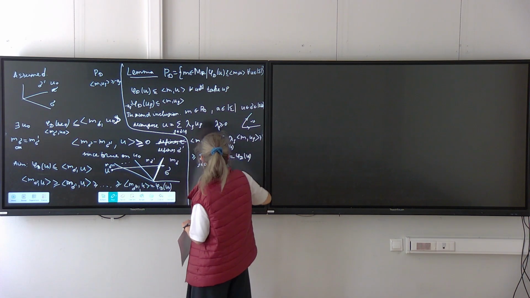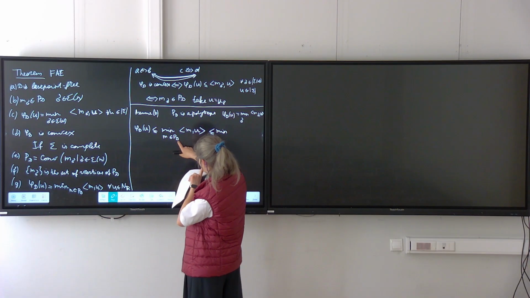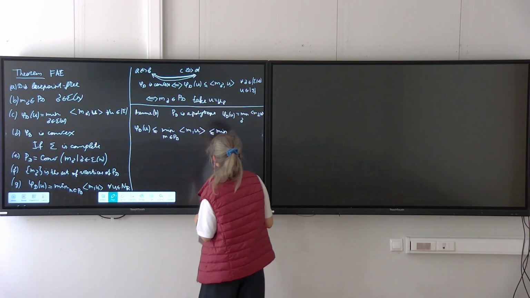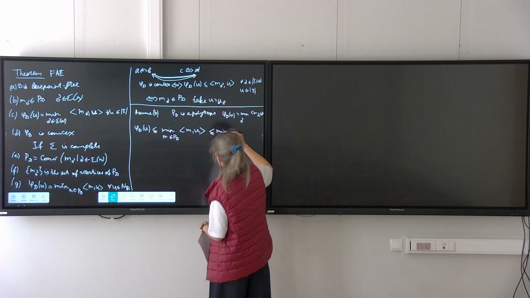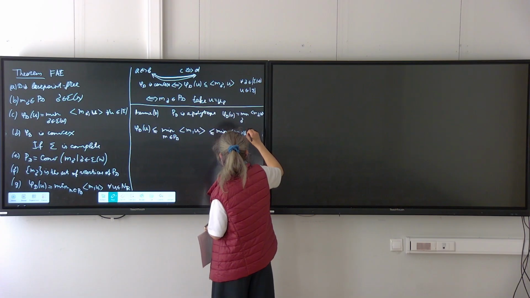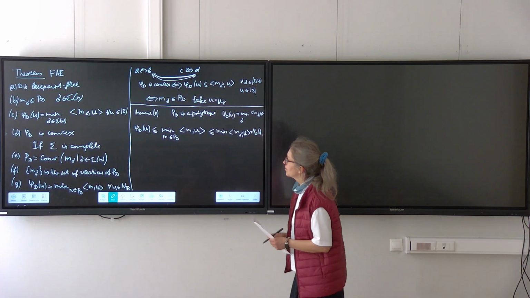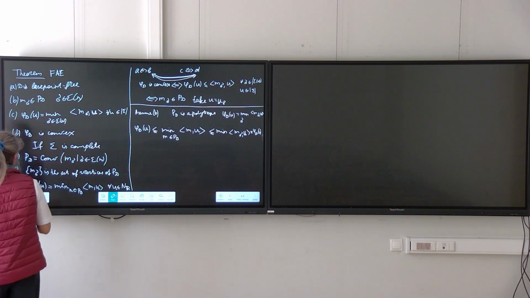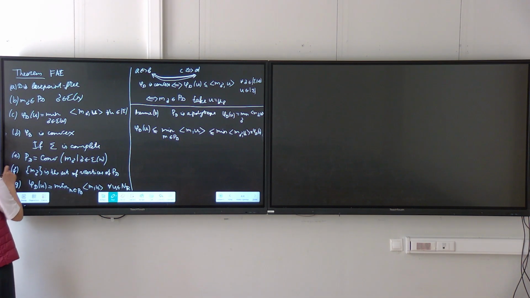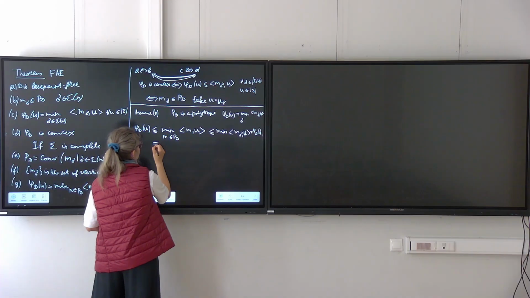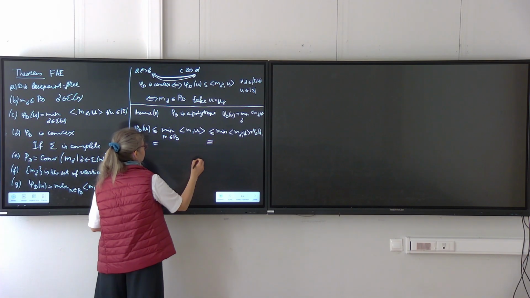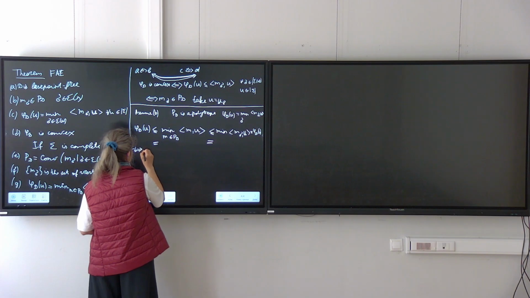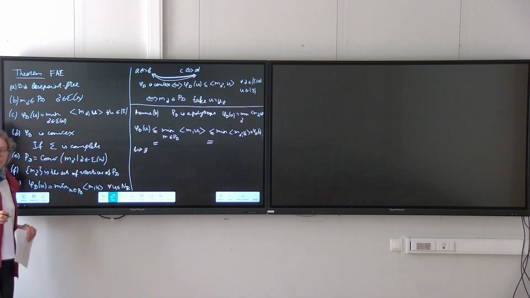Since this is true, then we have this inequality. Then if we restrict to the vertices, it will be the minimum of m sigma u, which is phi D of u. Okay? So we assumed B, and we obtain G, because we will have equality everywhere. So B implies G. Okay?